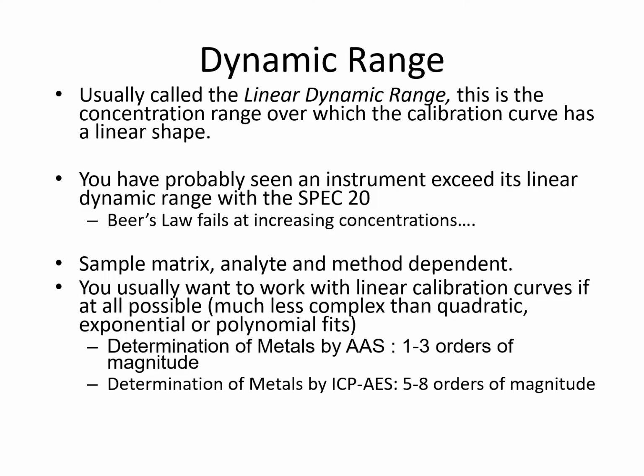Now, if you measure metal concentrations by ICP-AES, inductively coupled plasma atomic emission spectroscopy, then you have a higher dynamic range, 5 to 8 orders of magnitude, 5 zeros to 8 zeros.